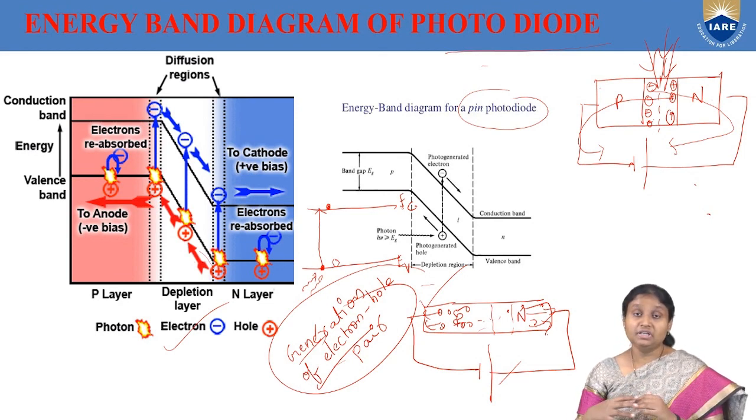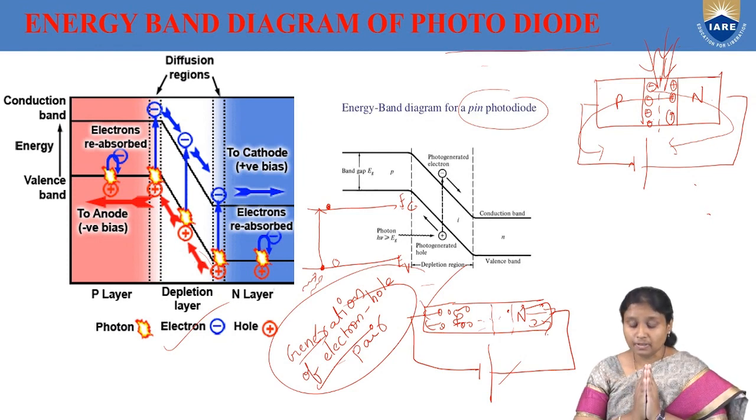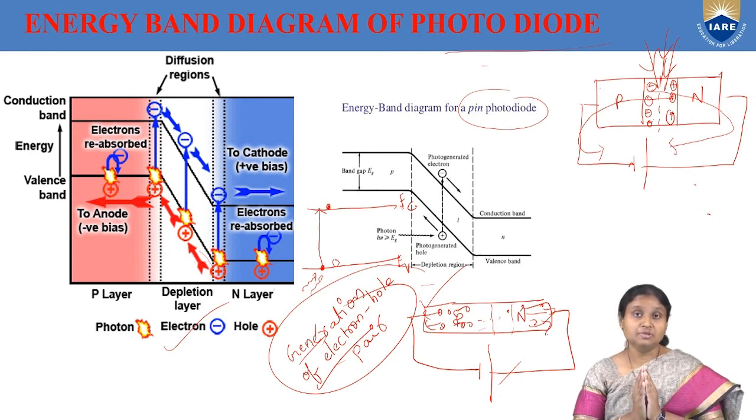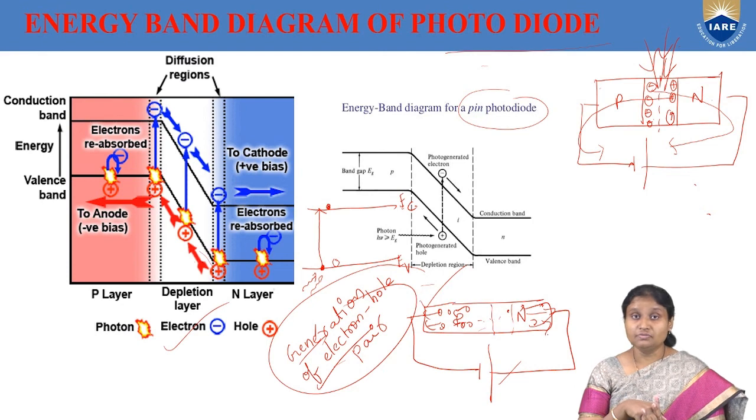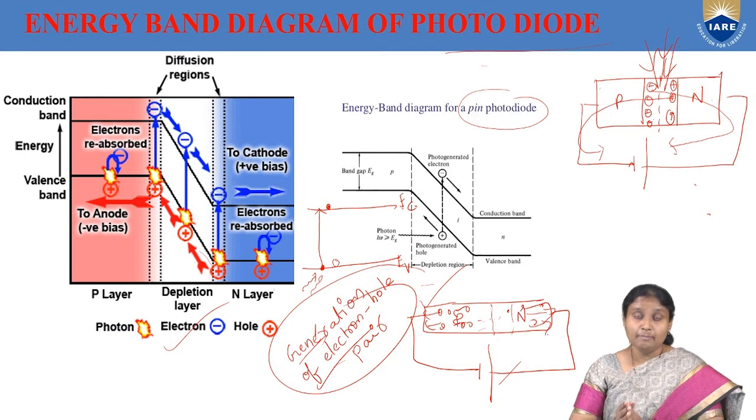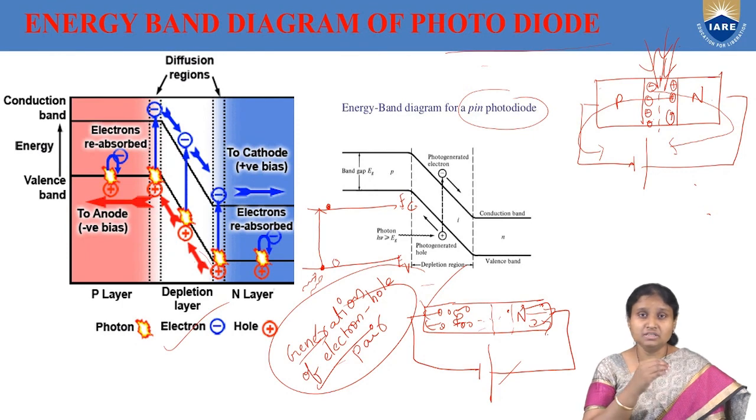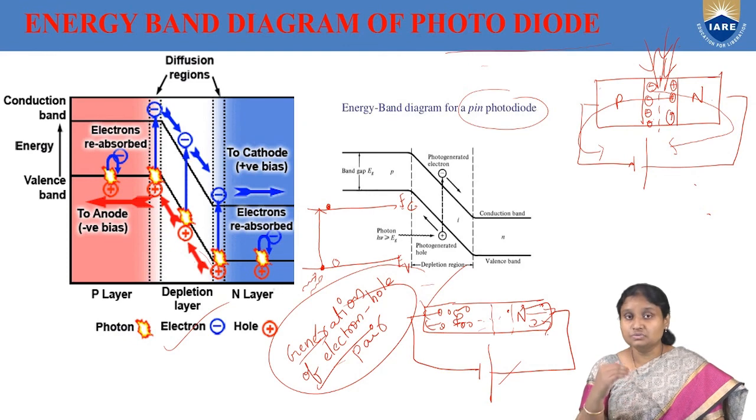Then we have taken the energy band diagram once the p-n junction is formed, and we know that once the p-n junction is formed, diffusion of charge carriers takes place, and because of this, inside the p-n junction, its conduction band and valence band become lower than the conduction band and valence band in p, and the Fermi level becomes uniform throughout the p-n junction. But still we observe that the Fermi level is closer to the valence band on the p side, and closer to the conduction band on the n side.